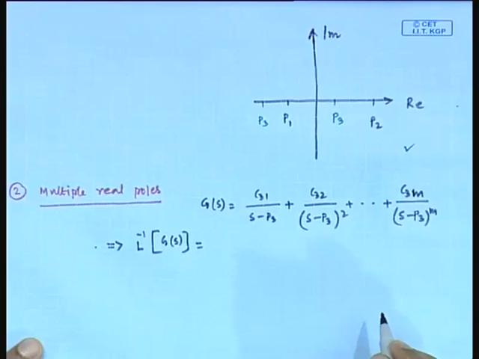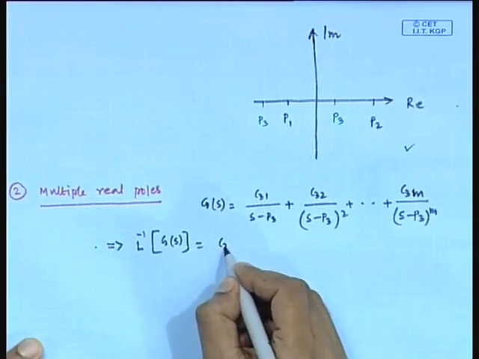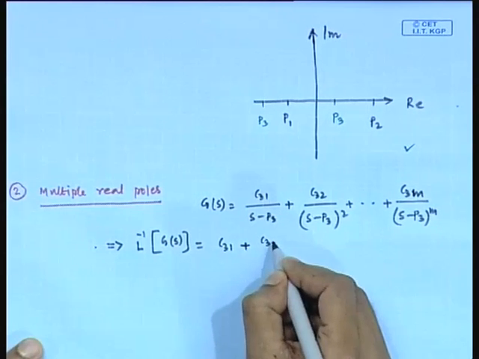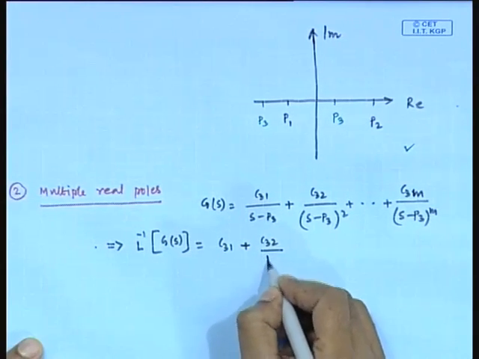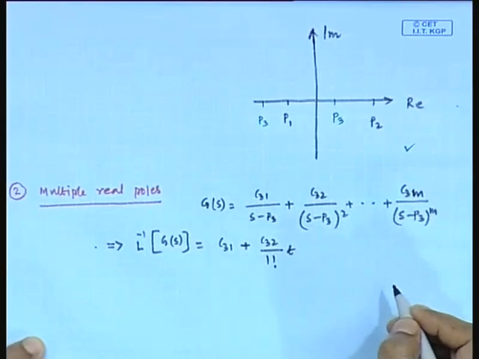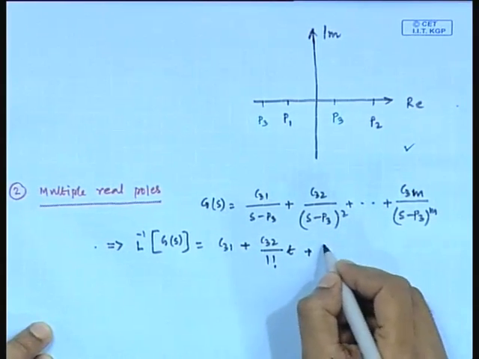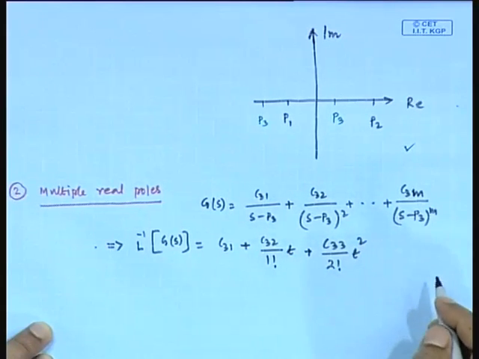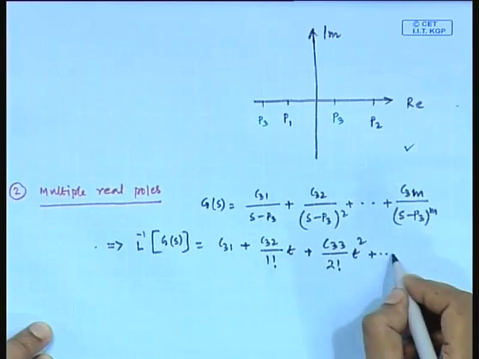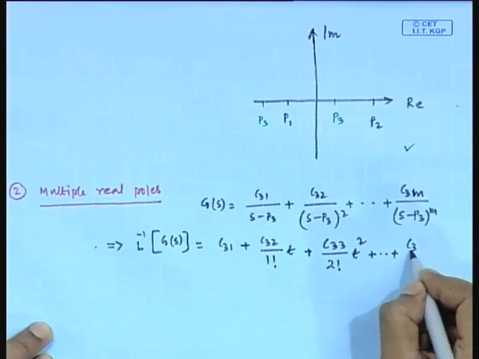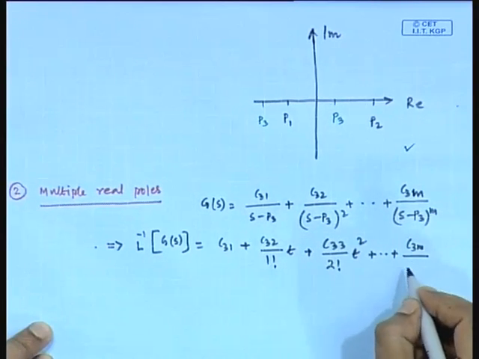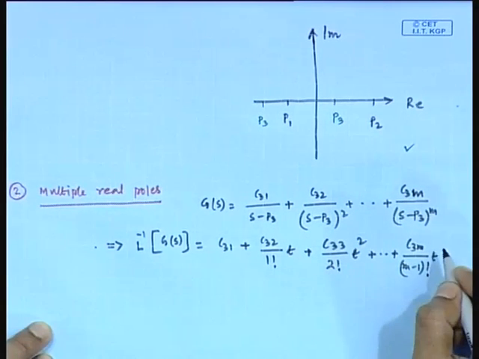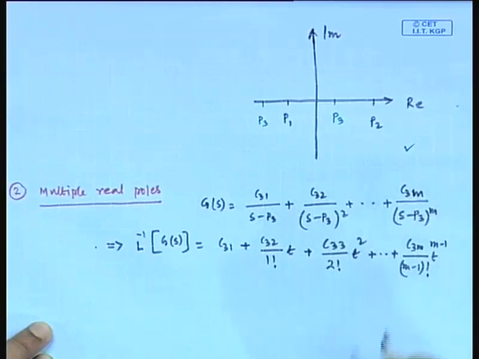So, what will we get? C31 plus C32 divided by factorial 1 multiplied by t, plus C33 divided by factorial 2 multiplied by t square, like this way, up to C3m divided by factorial (m - 1) multiplied by t to the power m - 1.